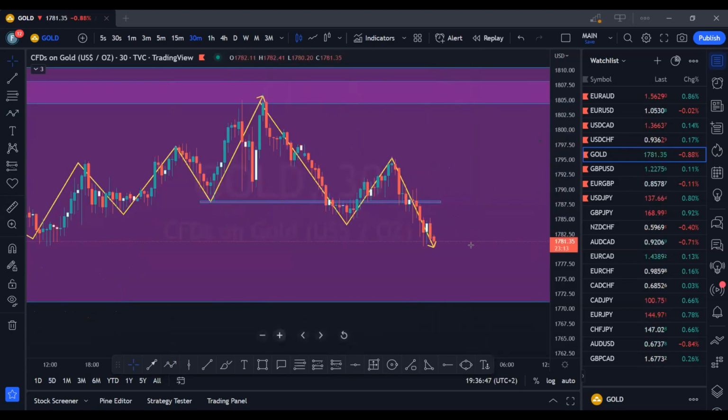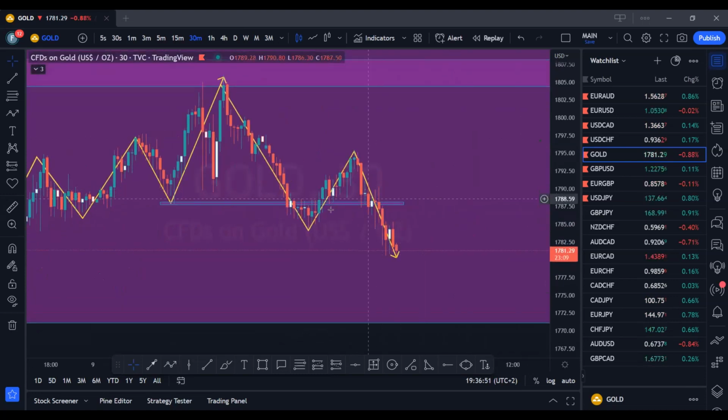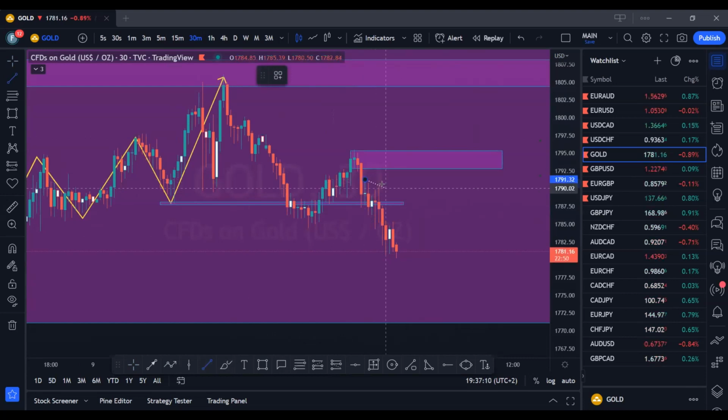Now, where you should expect entry on gold is to wait for price. I recommend that you wait for price to retrace possibly into this extreme. And why do I want you to wait for price to retrace into this extreme? Because all of this here is liquidity. We have a trend line liquidity here.